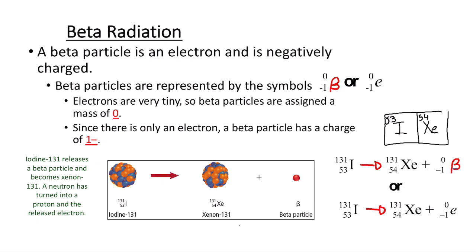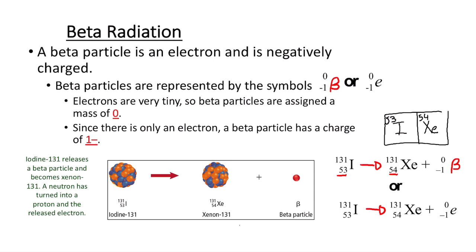And it breaks down into xenon 131, so notice the mass has not changed, but because the neutron has changed into a proton, it's gained 1 proton, so the atomic number has changed from 53 to 54, and then the electron is released in the form of a beta particle.